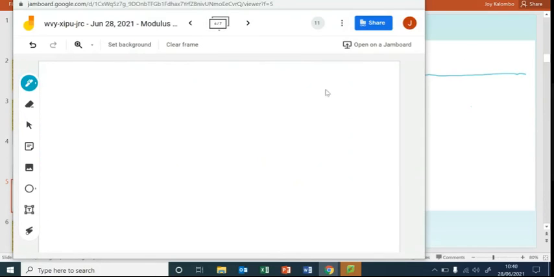Okay, if no questions, I'm on slide 6. Mina, can you come up with a question that we're all going to try and solve, an inequality with a modulus? It can be anything you like. And then I'll give everybody a few minutes to try and solve it.